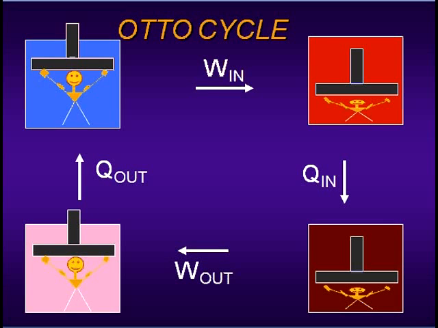These are the cycle steps. Let's start with the blue. You have the piston up, or the cylinder completely full of air, and then you add work. You compress the gas, and when you compress the gas, you wind up with a hotter gas at a higher pressure.